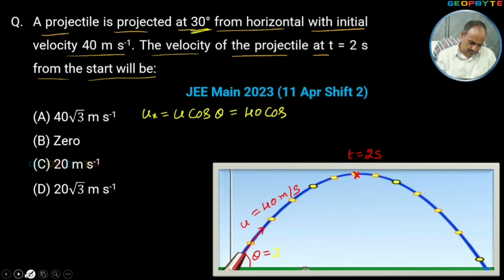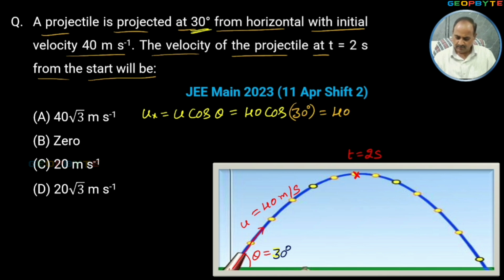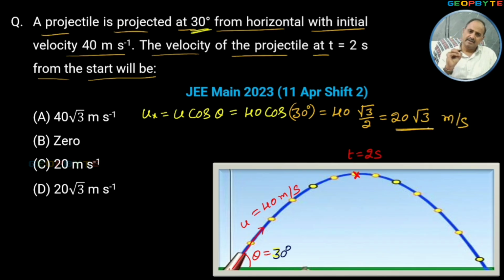So it is equal to 40 into cos 30, and cos 30 is root 3 by 2. It is equal to 20 root 3 meter per second. Remember, the horizontal component of velocity remains the same.